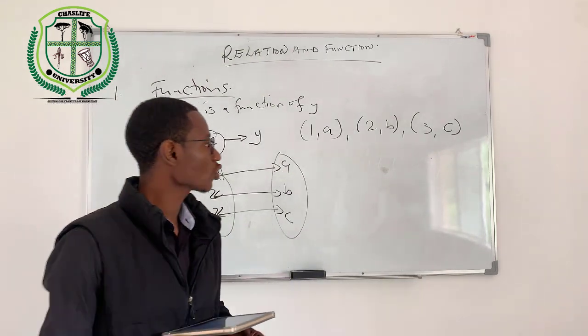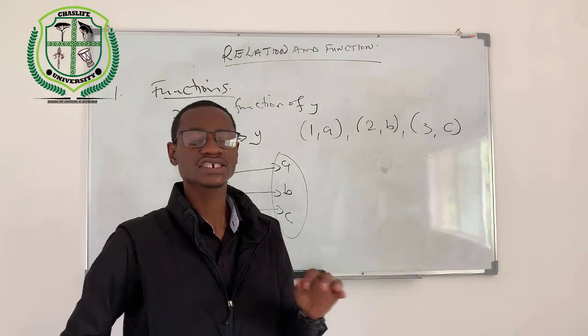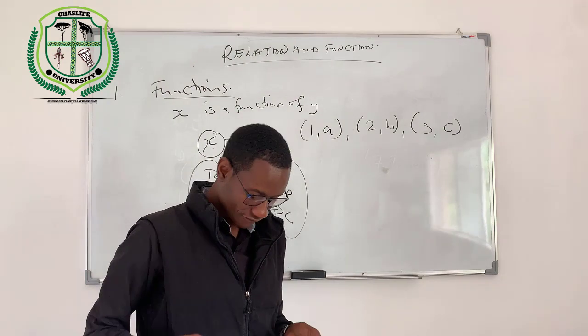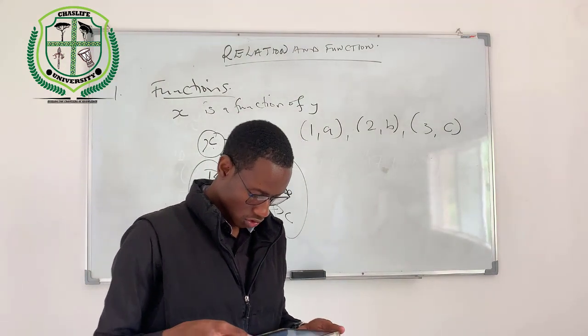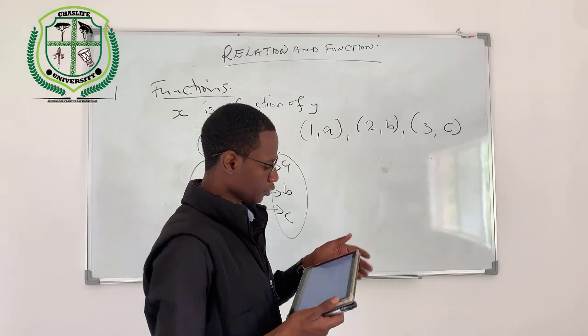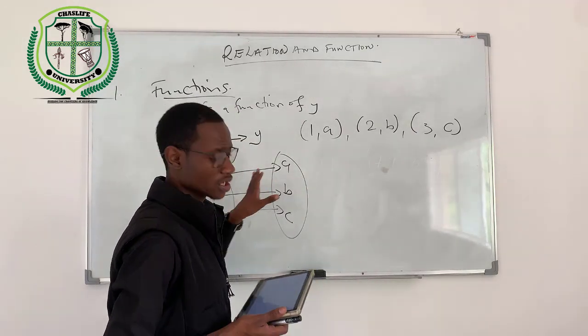For you to know whether there is a relation or not, there is supposed to be one factor for another. So there's supposed to be a one-to-one relation. So this is a one-to-one relation.